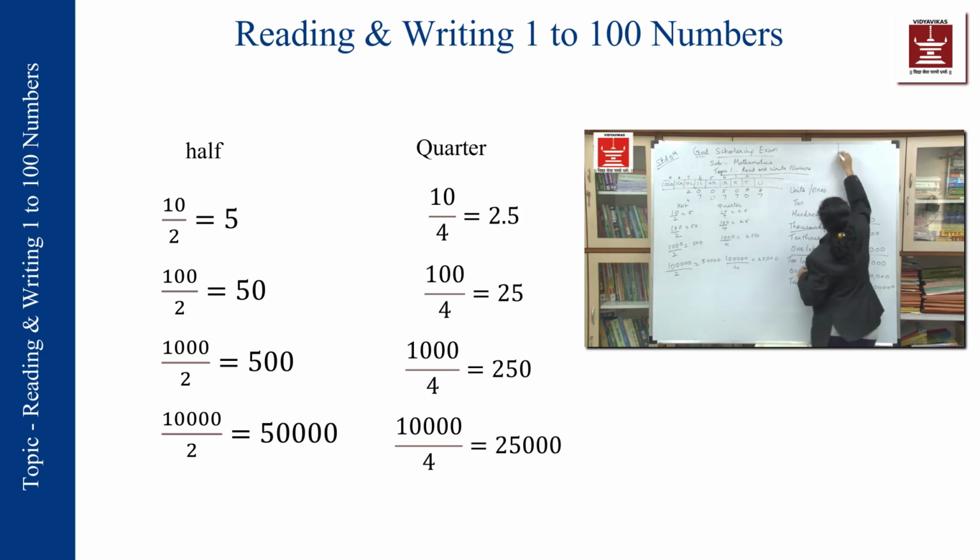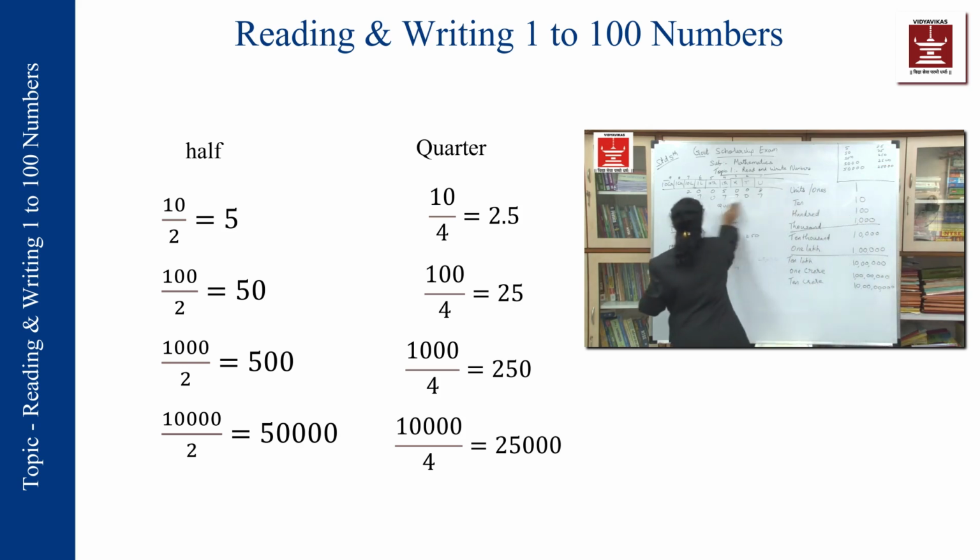Say for half, it's 5, 50, 500, 5,000, 50,000. Here it is 2.5, 25, 250, 2,500, 25,000. Okay, and henceforth. Now, this information, how are we going to use in words? Let us see that.